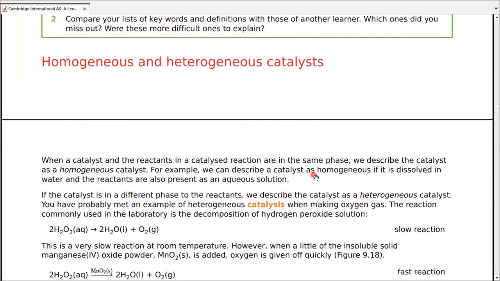Now, catalysis is of two types, homogeneous and heterogeneous. This heading is homogeneous and heterogeneous catalysts. This heading can also be homogeneous and heterogeneous catalysis.